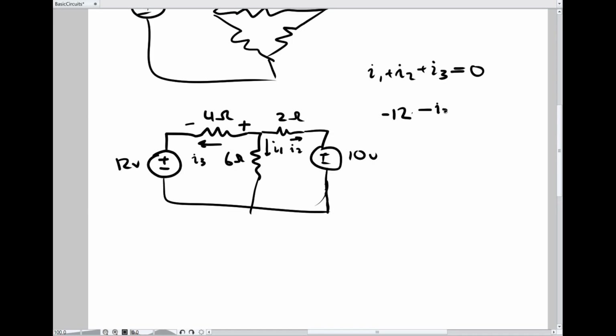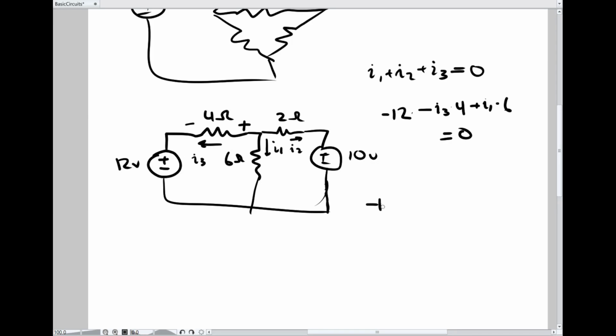Minus I3 times 4 plus I1 times 6 equals 0. Because the voltages around this loop all add up to 0. And then I can look at this loop here and do the same thing.